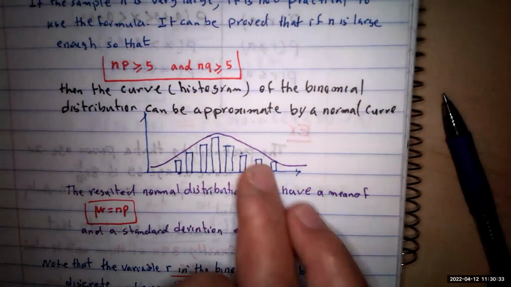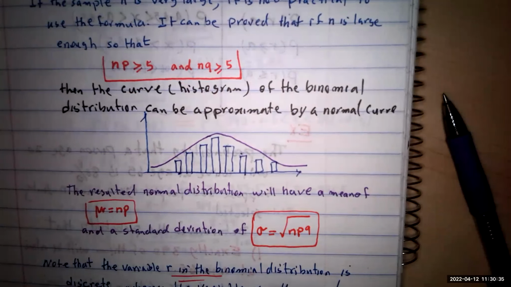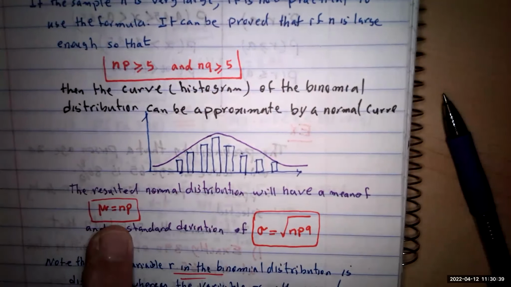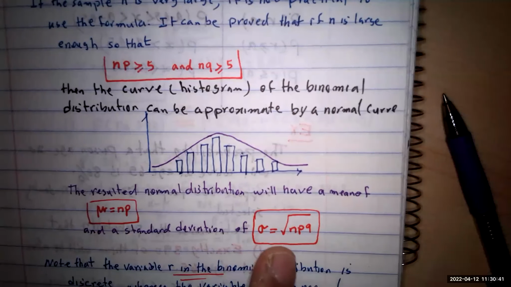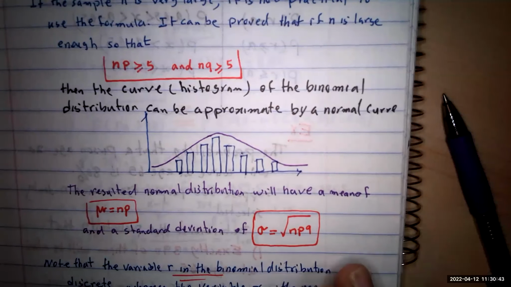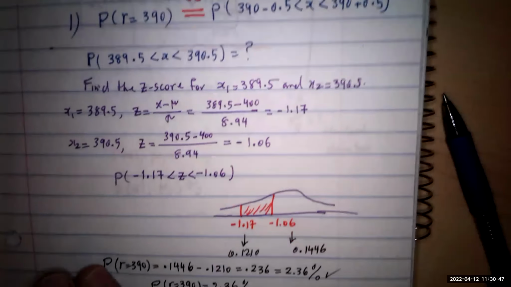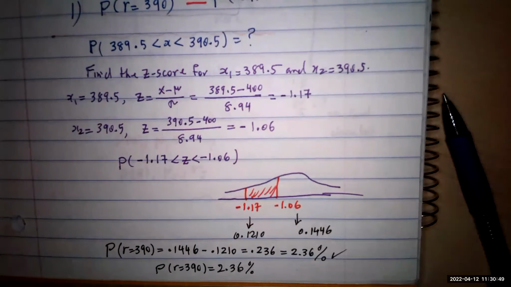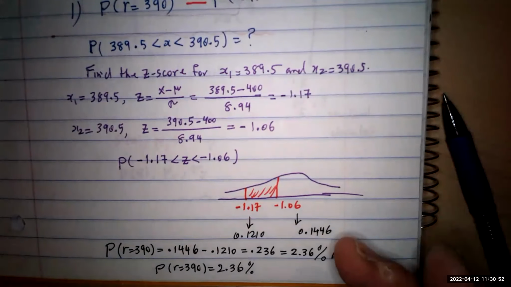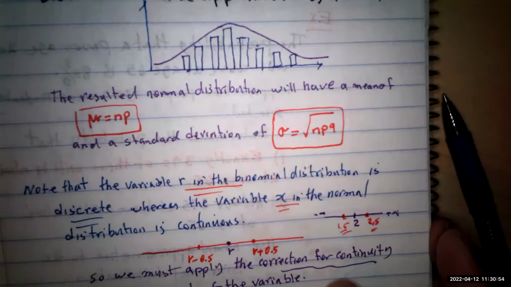Then we can cover it by a bell-shaped curve. So we get to the normal distribution. Mu would be n times p from the binomial, and sigma the square root of npq. Then when we get to the normal distribution, we can just use it nicely. But if there is good time, we'll come back and talk about it.